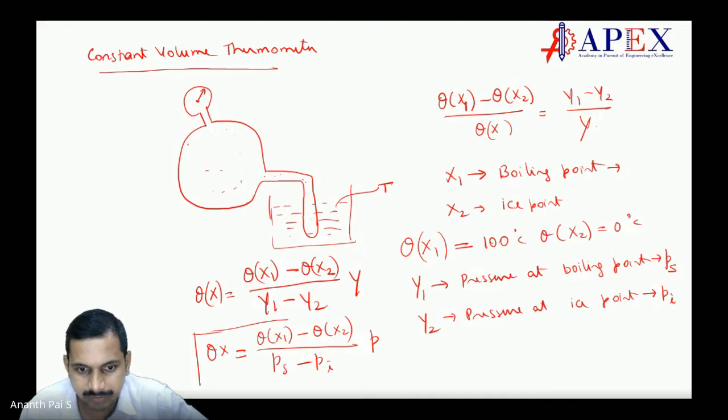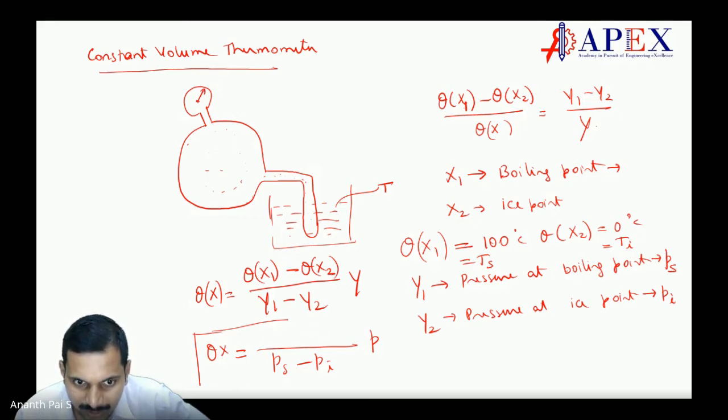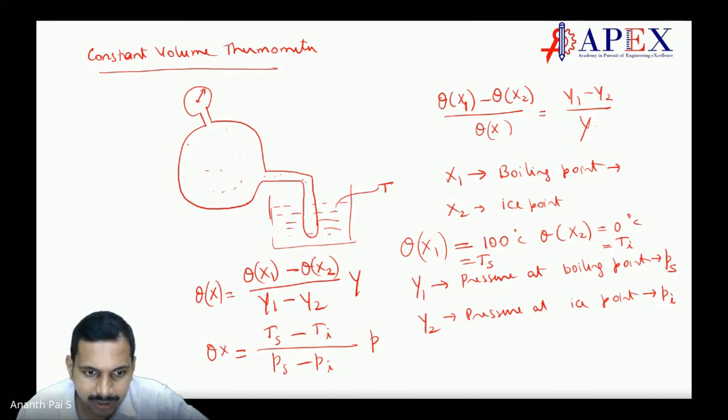Or we will say theta x1 is TS, and this we will say is TI. So we can write this as TS minus TI into P. Instead of theta x we will write T, temperature T, at any point.